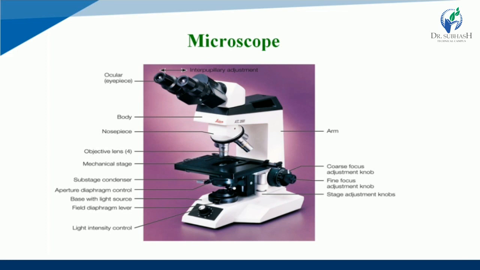So various parts of microscope. First one is based on mechanical parts, and second one is based on optical parts. First, microscope is divided based on mechanical parts. First one is foot or base. What is base?